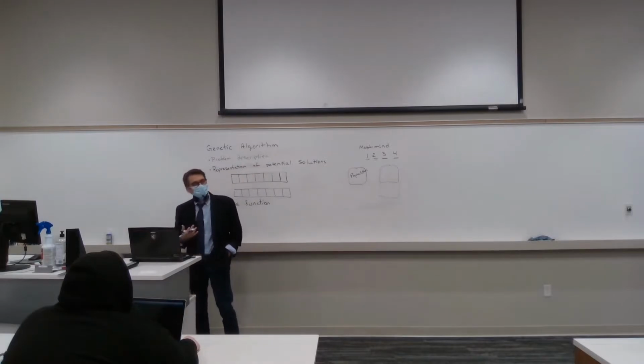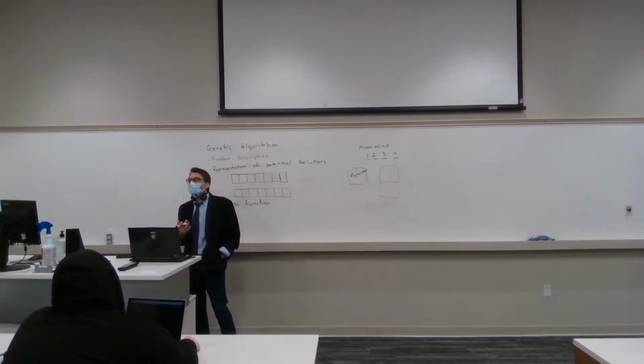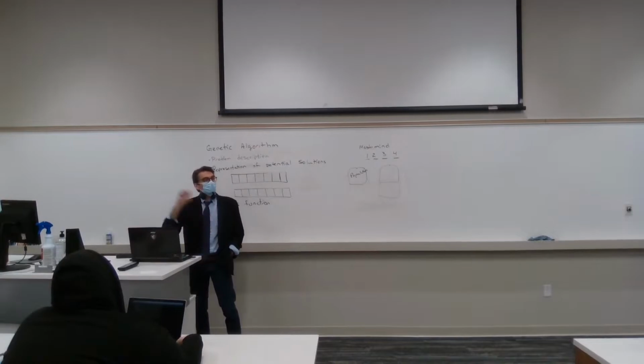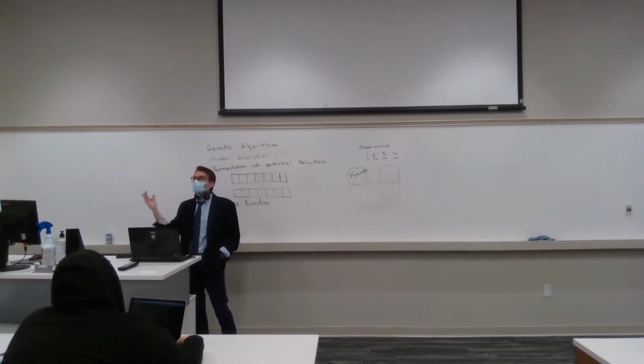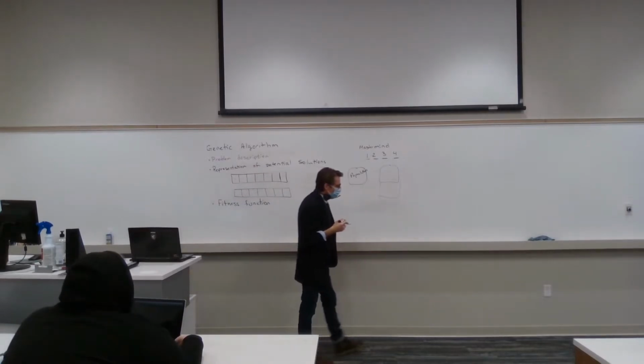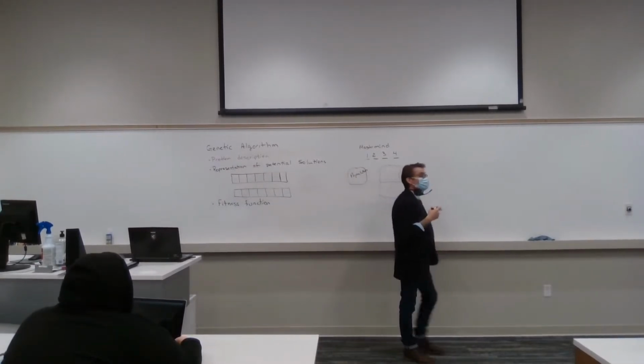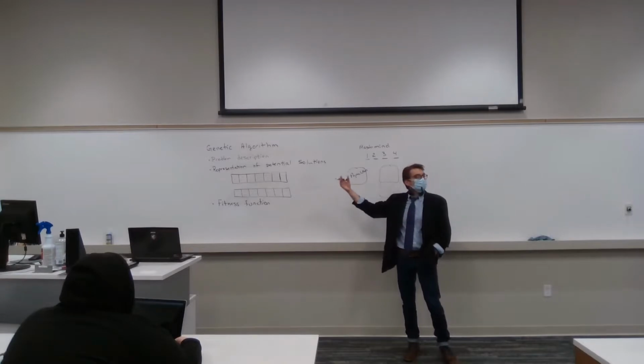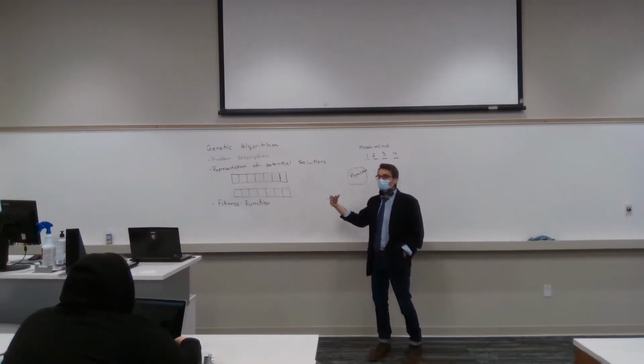Well, what might we do? We might have some of the population die off. It can die off in lots of different ways. We can have less fit solutions removed from the pool.